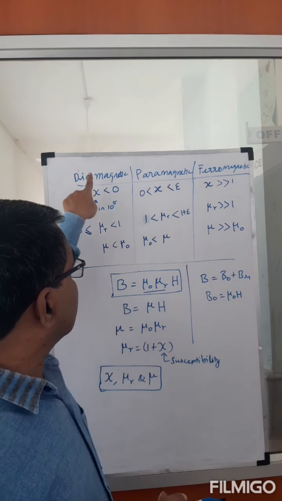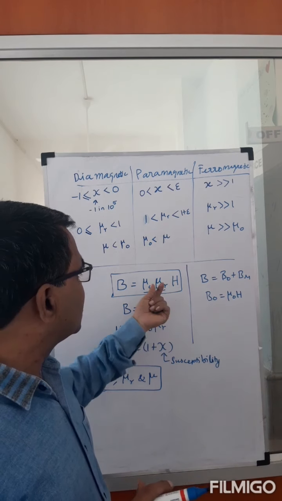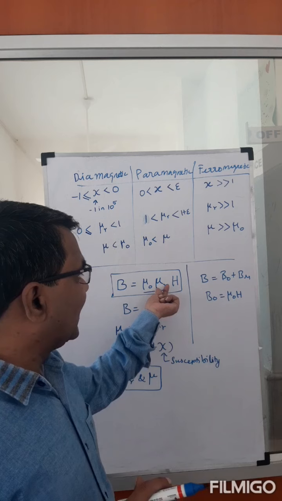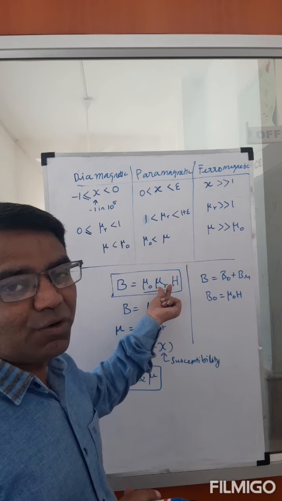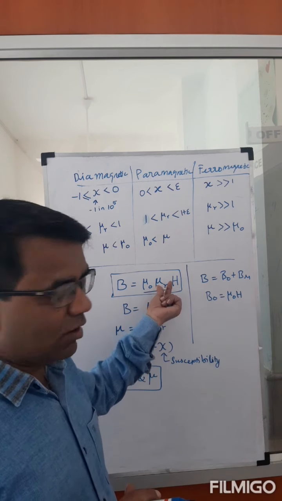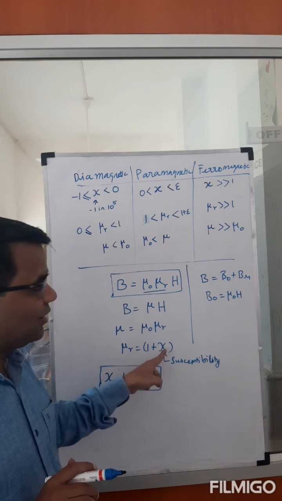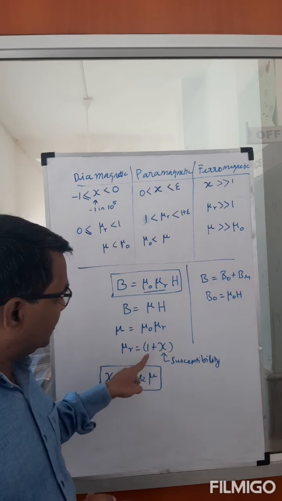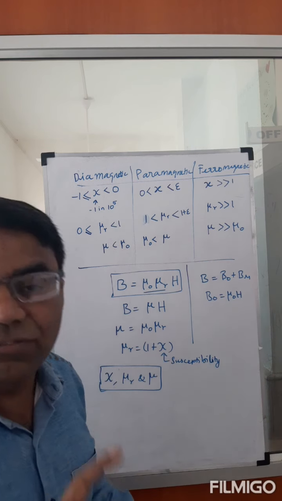But B in the case of diamagnetic materials is less than B naught, which means that mu r has to be less than 1. So the relative permeability must be less than 1. If this has to be less than 1, then let's come here. Mu r is actually 1 plus xi. 1 is a fixed number and xi has to be a negative quantity.